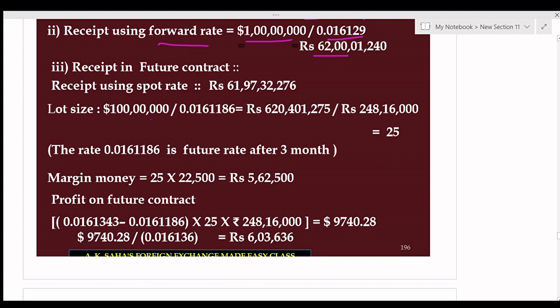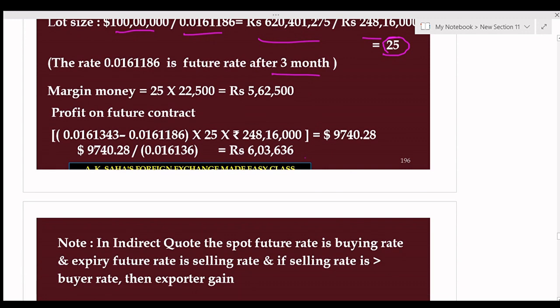Using the spot future rate: $10 million divided by the spot future rate, converted to rupees and divided by one contract size of 2 crore 48 lakh 16,000, you will get lot number 25. This rate is the future rate after 3 months, that is the spot future rate. Margin money will be 25 lots multiplied with the initial margin per lot, which is 5,62,500.